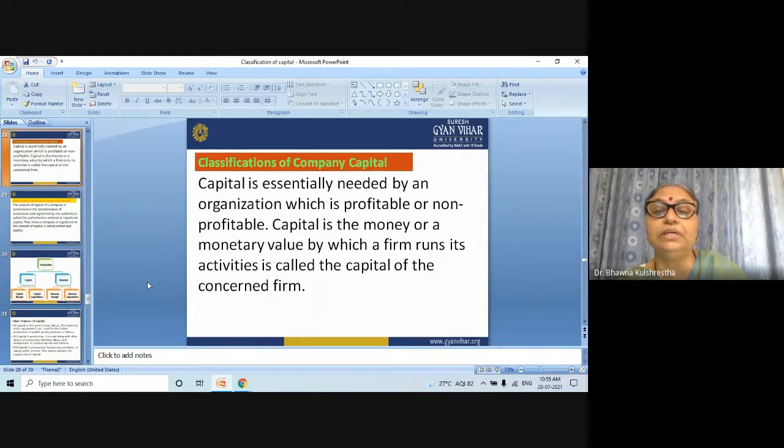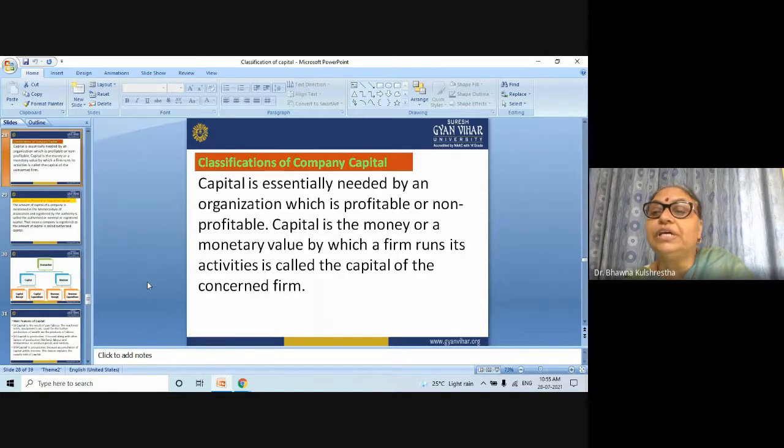Capital is the money or monetary value by which a firm runs its activity, and it is called the capital of the concerned firm. All businesses must have capital in order to purchase assets and maintain their operations.